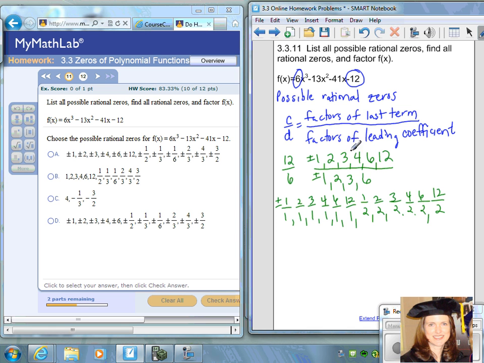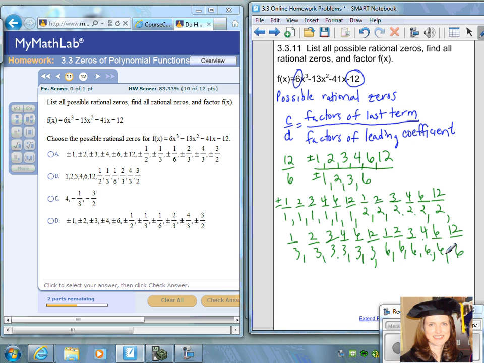And then we can divide all of these by 3 to get even more, which is 1 over 3, 2 over 3, 3 over 3, 4 over 3, 6 over 3, and 12 over 3. And then divide all of these by 6 to get 1 over 6, 2 over 6, 3 over 6, 4 over 6, 6 over 6, and 12 over 6.